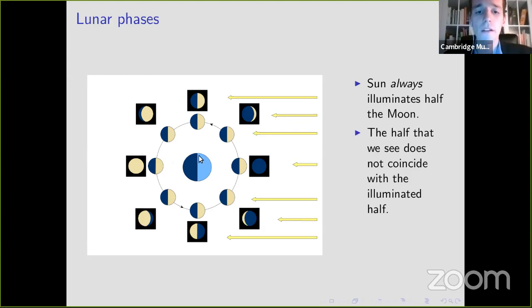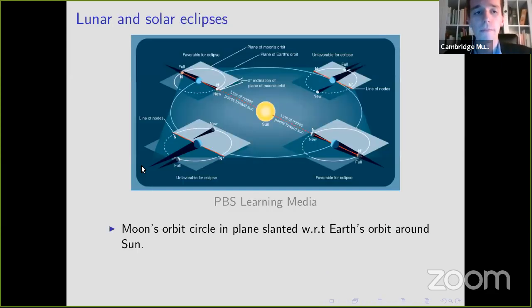Yet the half that we see does not coincide with the illuminated half, the half that the sun illuminates. We see a section, and hence the different phases. Except at the full moon, when the half that the sun illuminates and the half that we see is the same half.